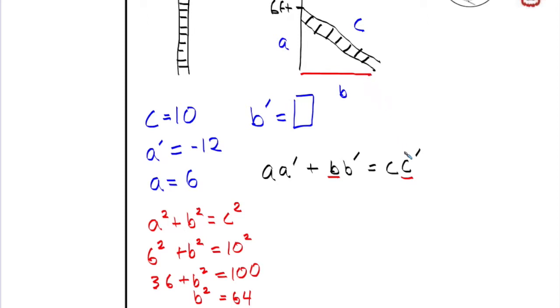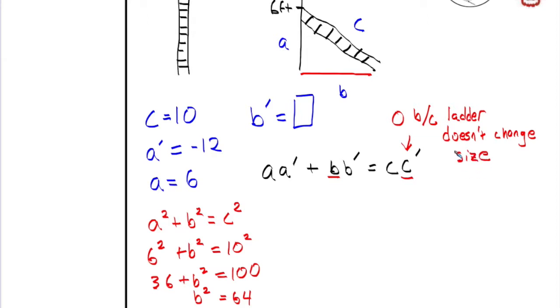If the ladder is constant, this is 0, because the ladder doesn't change distance or change size.